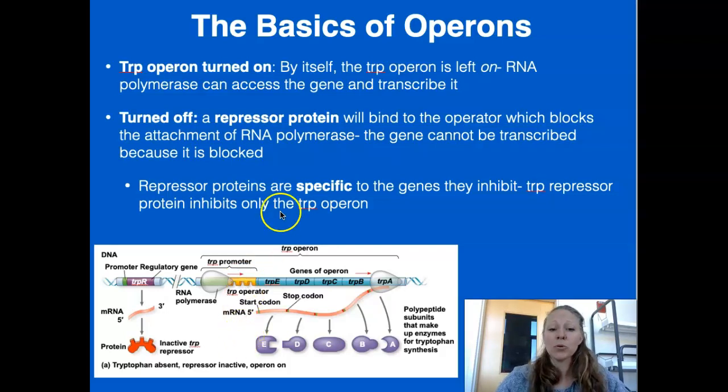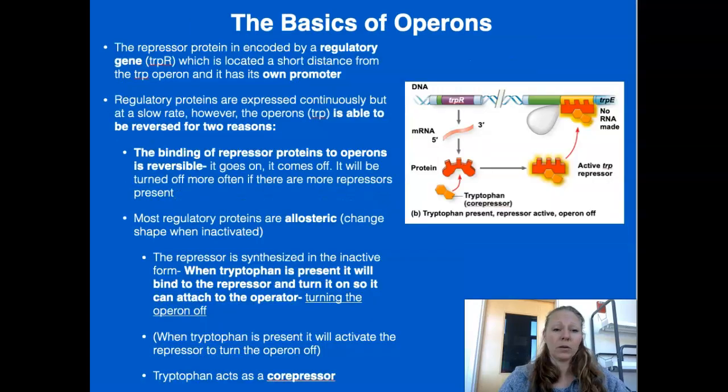So repressor proteins are specific to the genes that they inhibit. The Trp repressor protein inhibits only the Trp operon. It's only going to stop or block the Trp operon. The repressor protein is coded in a regulatory gene. So let's wrap our heads around this picture.